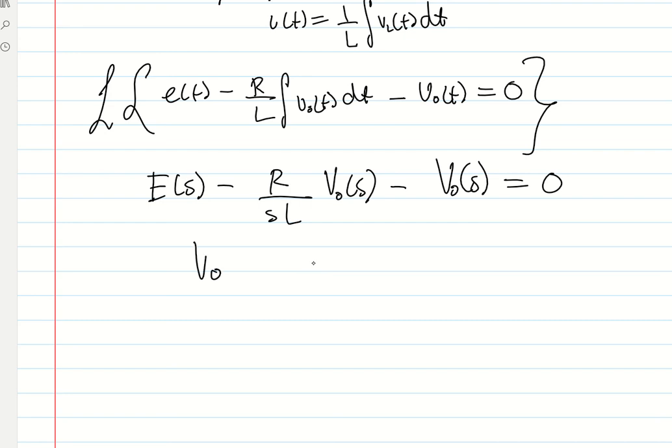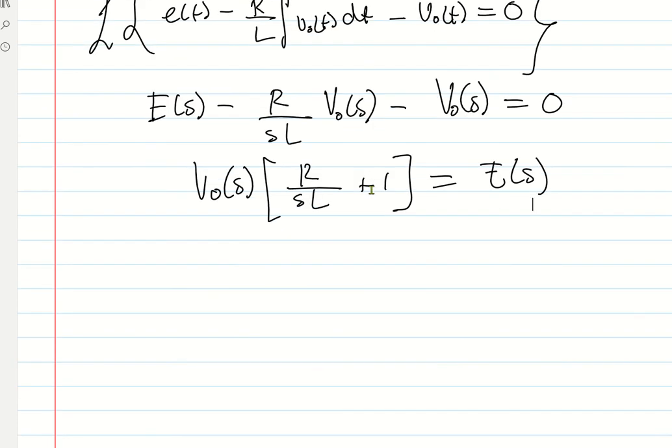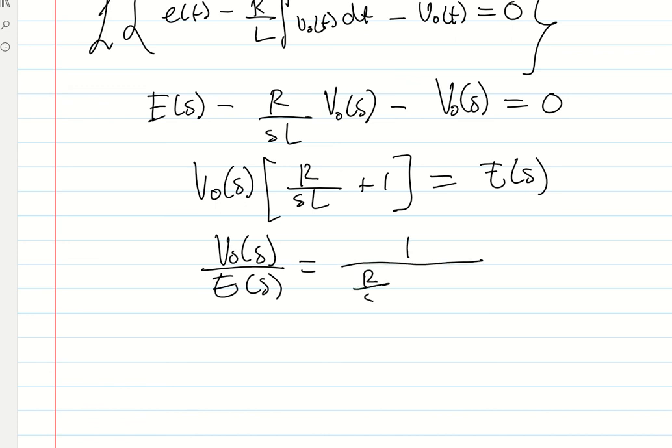On the other side, we factor out that V out, then we have R over s times L plus 1. And this should be equal to the input E. And V out over the input E now will be equal to 1 all over R over s times L plus 1.